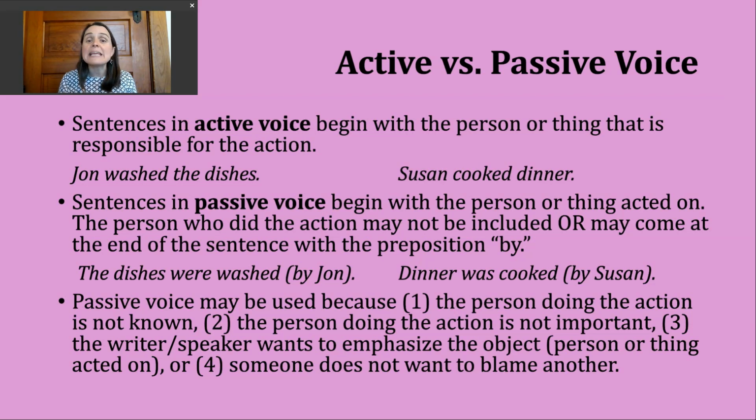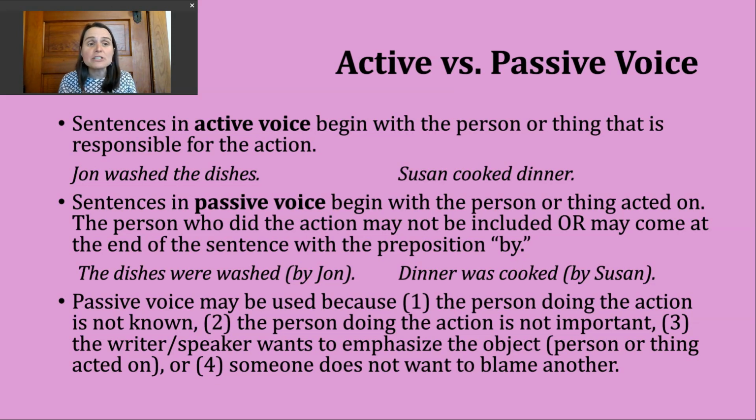Passive voice sentences begin with the person or the thing that is acted on or that receives the action. The person who is responsible for the action might not even be included in the sentence, but if they are, they're going to come at the end following the preposition by.